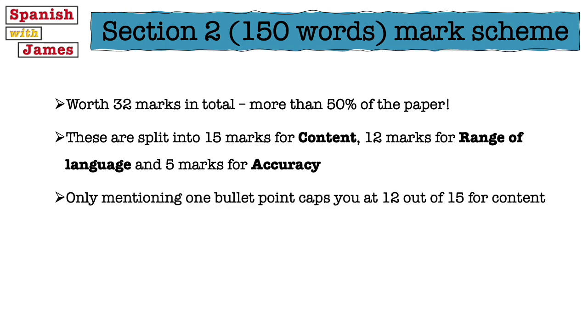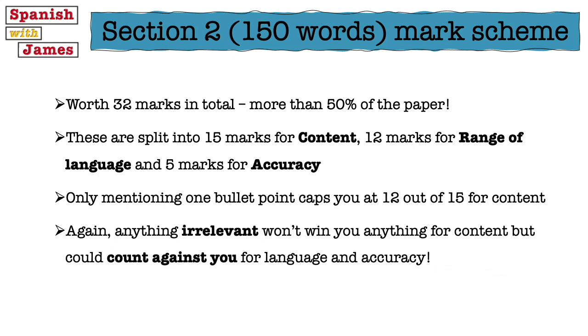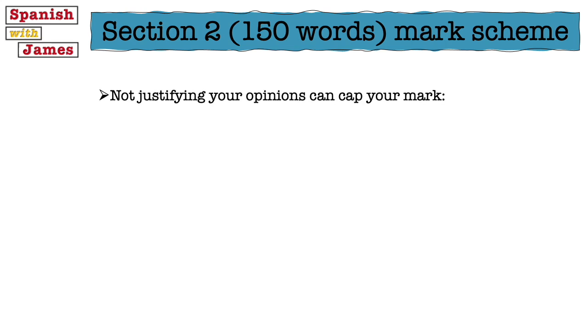Again, only mentioning one bullet point caps you at 12 out of 15 for content, so make sure you mention both. And once again, anything irrelevant won't win you anything extra, but it could count against you for language and accuracy. Not justifying your opinions can also cap your mark for this one, the same as with the 90 word.